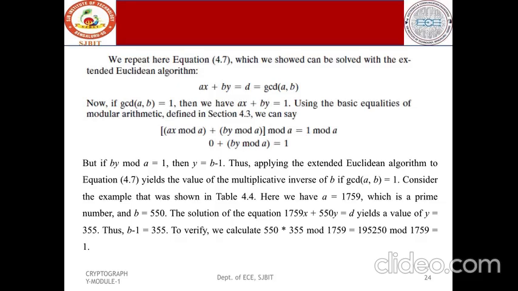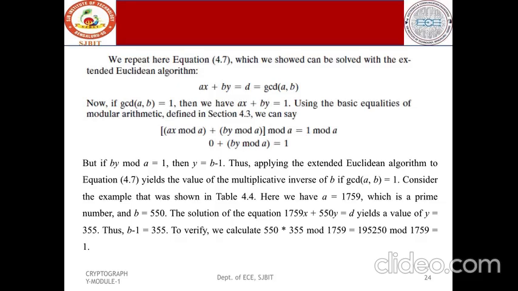Using the basic equalities of modular arithmetic, we can say that [ax mod a plus by mod a] mod a is equal to 1 mod a. So this is 0 plus by mod a is equal to 1. But if by mod a is 1, then y is equal to b inverse. Thus applying the extended Euclidean algorithm to the equation yields the value of the multiplicative inverse of b if GCD(a, b) is equal to 1.